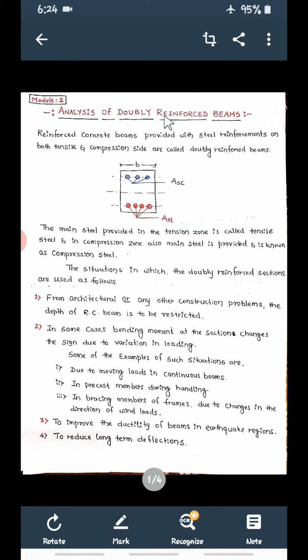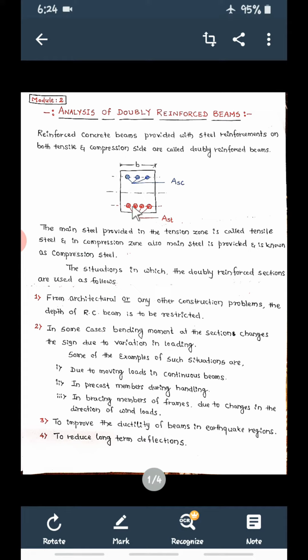In a singly reinforced beam you can see only the main bar at the bottom, but here the top also has main steel.